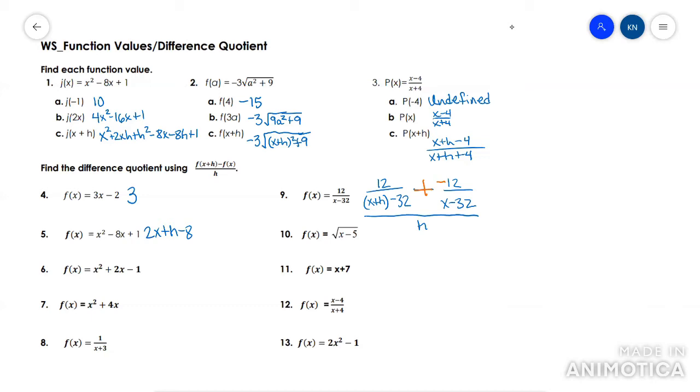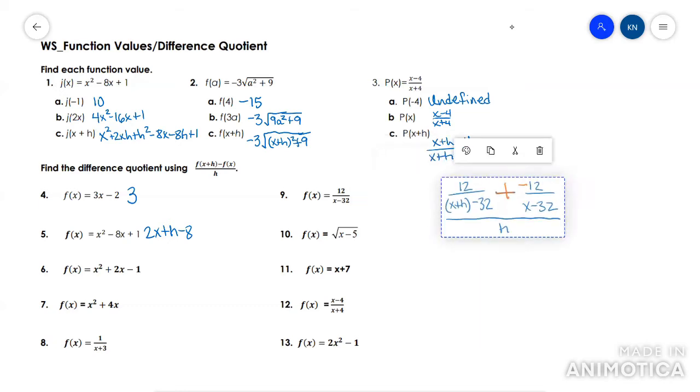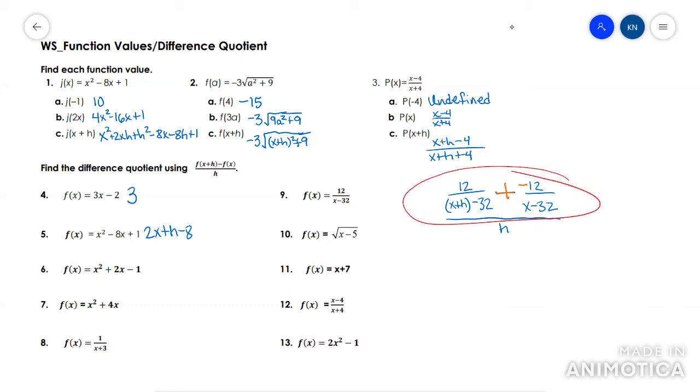Okay, now here's where this one's going to get kind of difficult. Let me see if I can scoot this over actually. All right, you're going to have to get a common denominator for this top part. So the easiest way to do this is probably just to multiply by the denominator of the other one.